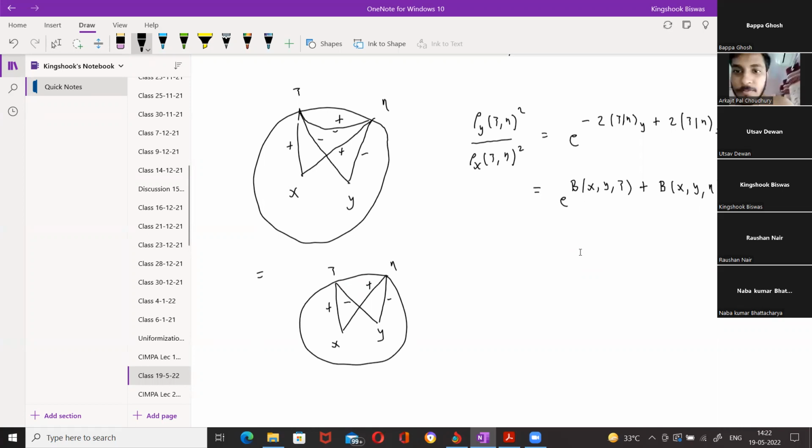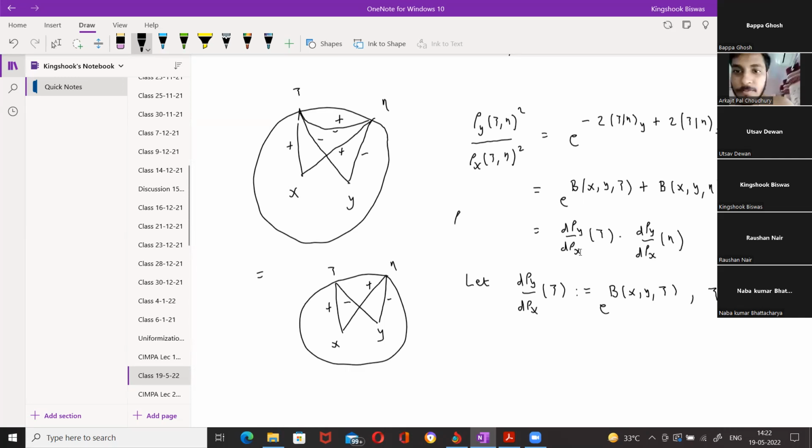So, if I define a function d rho y by d rho x of xi, let me define this function of xi, this is e to the Busemann function (x, y, xi), where xi belongs to the boundary of X. Then this I can write as d rho y by d rho x of xi into d rho y by d rho x of eta.